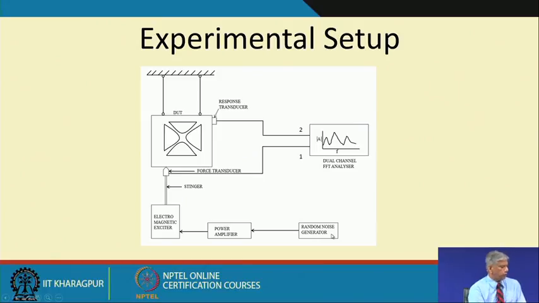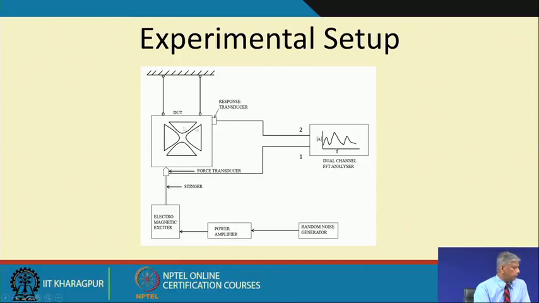Instead of a random noise generator, I could have a sine sweep, a sine signal, or a chirp signal. Because the signal needs to be amplified to drive the electromagnetic exciter, I need a power amplifier, onto which is a thin member, a stinger, which ensures that the force only goes in this direction, because as you know, the responses of dynamic systems are very directional.